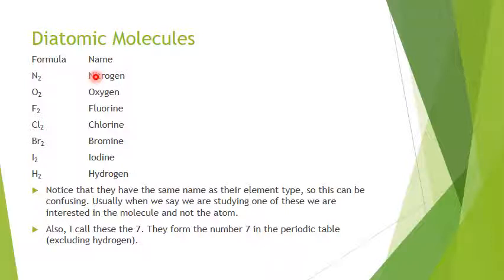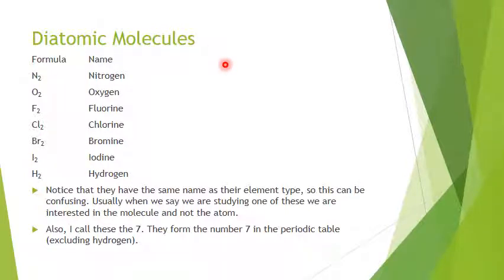Usually when we say get me some nitrogen, like for a chemical reaction, you're talking about N2. I call these the 7, and you'll see in a minute that they actually form the number 7 on the periodic table, with a slight exception. So you have to know these 7, their chemical formulas, and their names. These are called diatomic molecules.